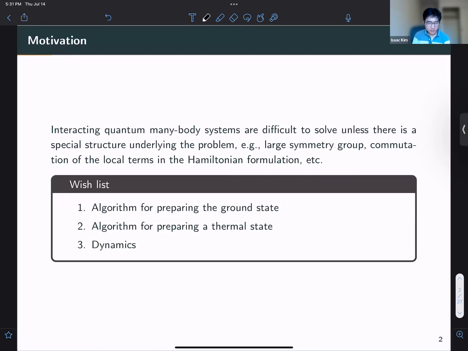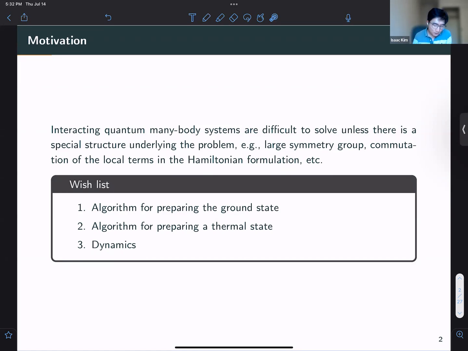So here are some motivations. We all know that interacting quantum many-body systems are difficult to solve unless there is a very special structure underlying the problem. And what we would like to have, but we don't, are something like this. We would like to have an algorithm for preparing the ground state so that you can, for example, measure correlation functions from the ground state wave function, and you'll be able to measure the order parameters to determine what phase you're in.